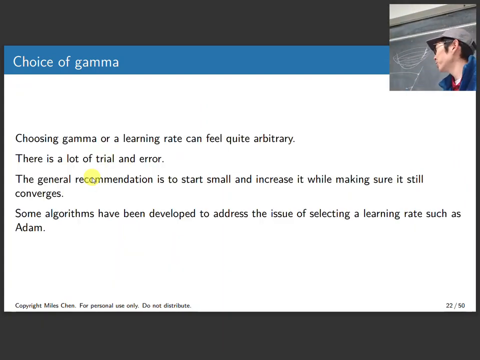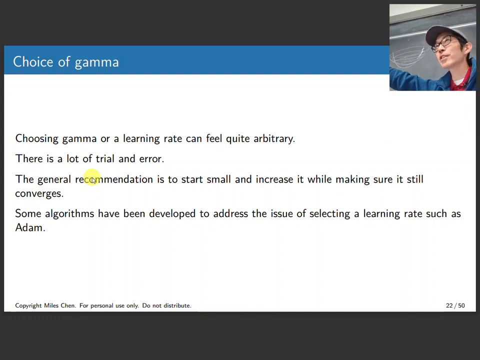So how do we choose our gamma? Well, we don't have a good answer for that. Choosing what gamma you want to use really feels kind of arbitrary. This is an area of active research, and there are algorithms that have been tuned to do this, but this is still a thing.